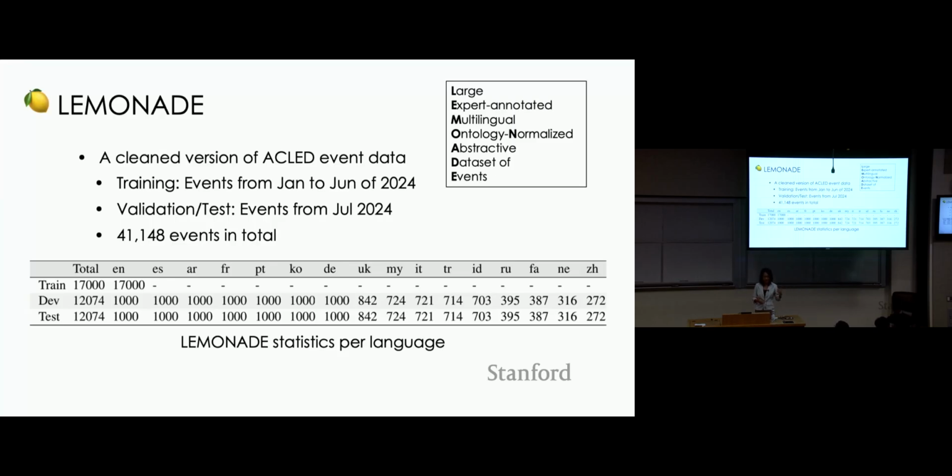And we have created the test and validation sets: 17,000 train, 12,000 dev, 12,000 test, across 16 languages.